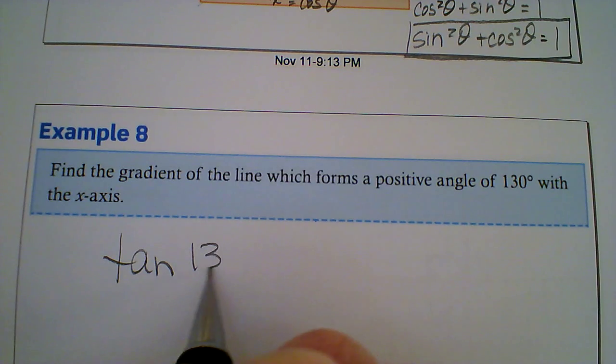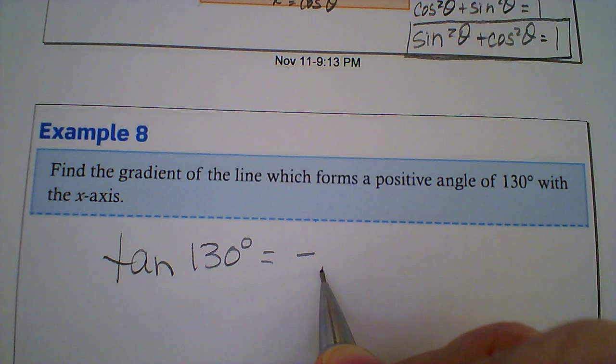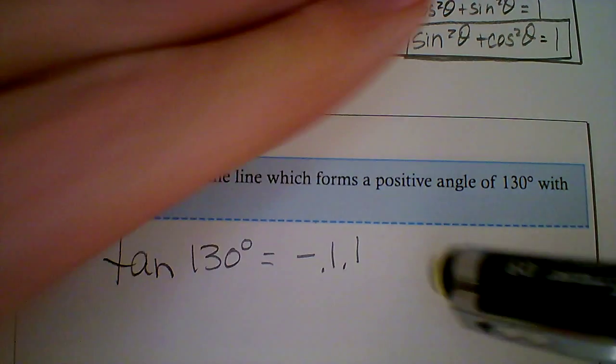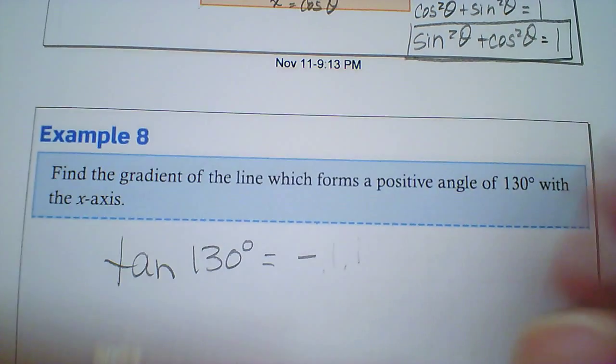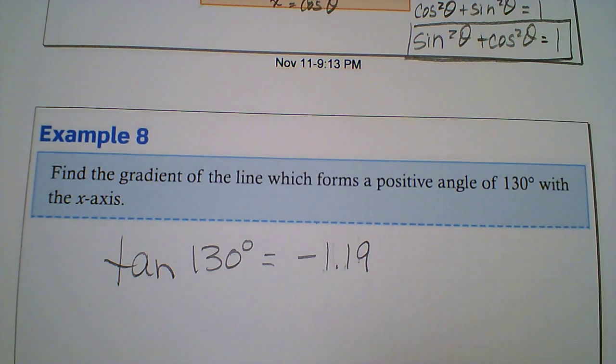So the tangent of 130 degrees, we find that in our calculator, equals negative 1.19. That's it. Don't make this harder than it has to be. All right, next question.